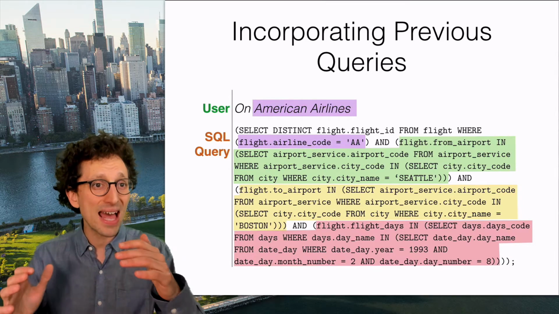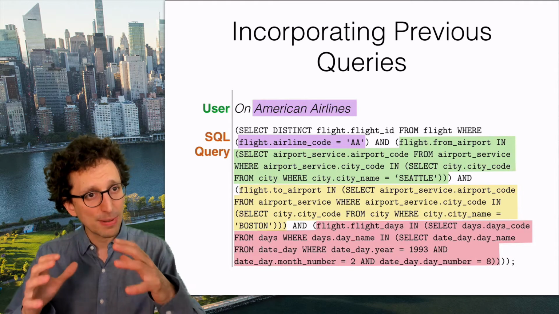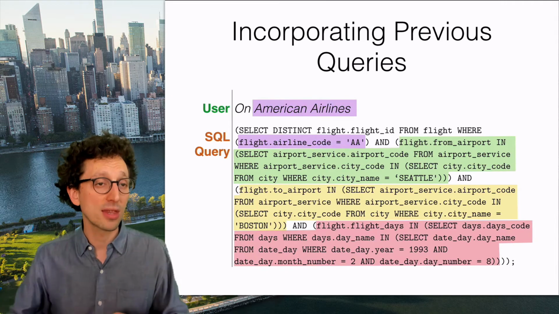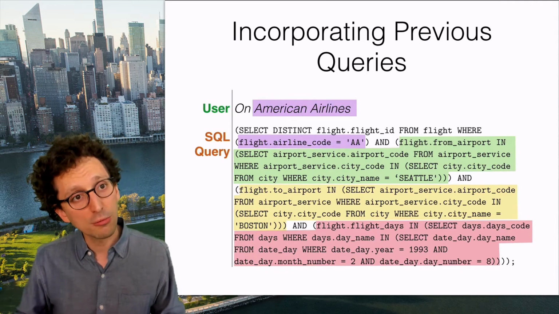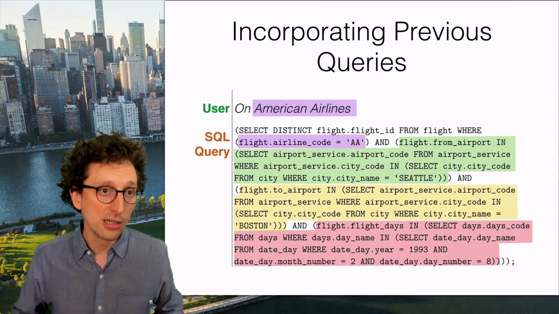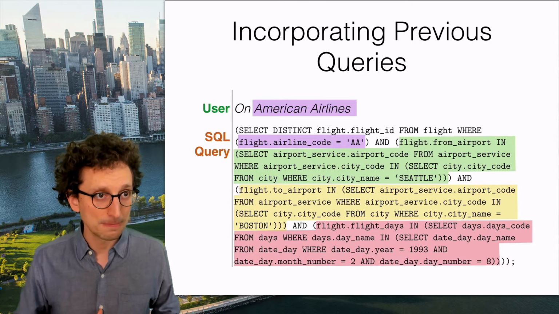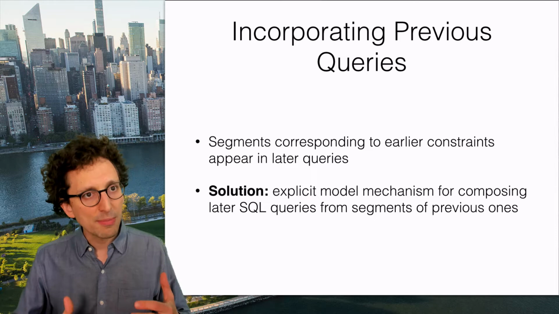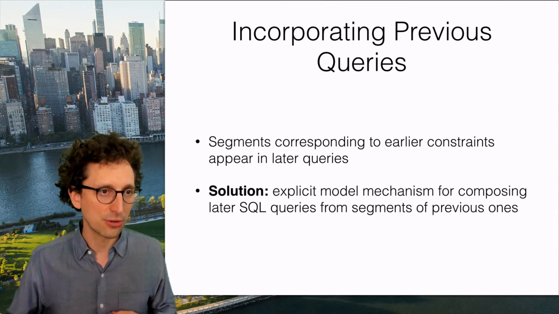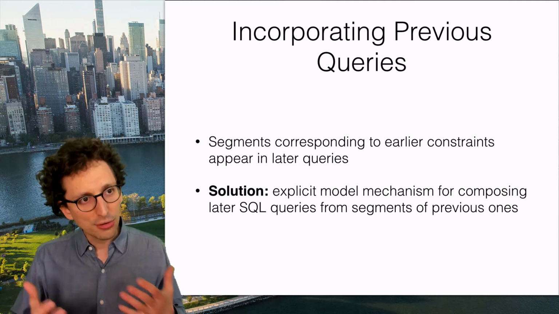So there are these spans of SQL that are imported from the previously generated SQL queries, combined and stitched differently with potentially new constraints from the current utterance. So what we see is that segments corresponding to earlier constraints often appear as is in later queries. And this is actually an interesting opportunity.